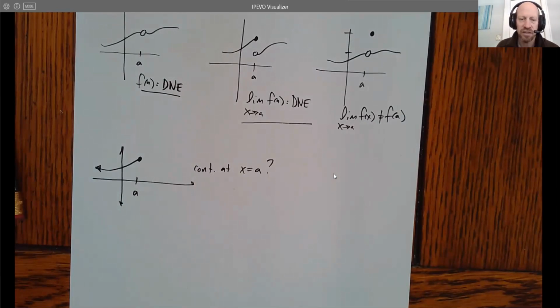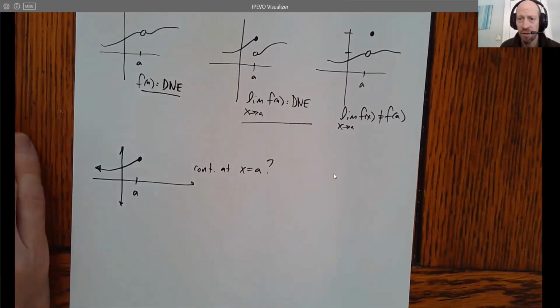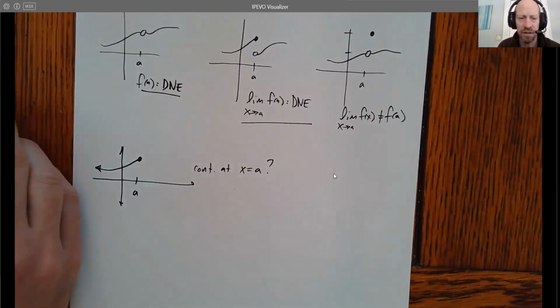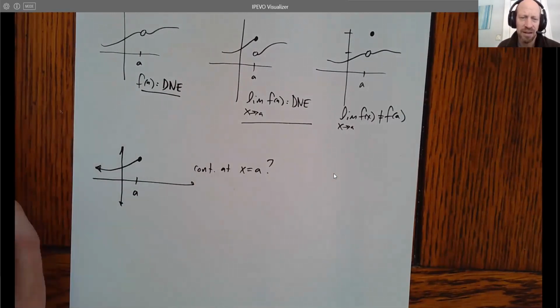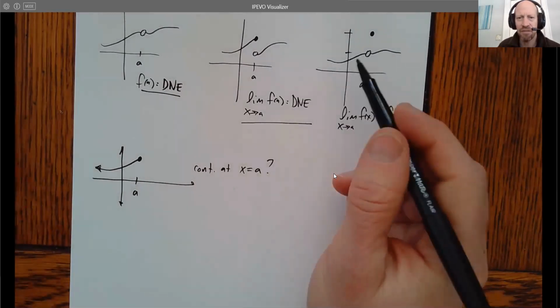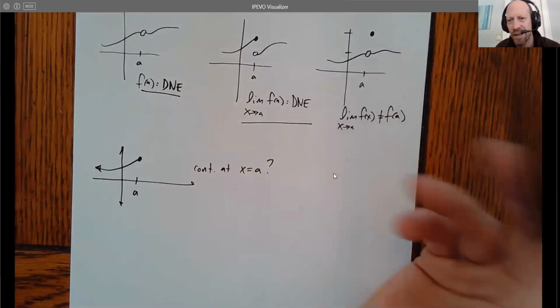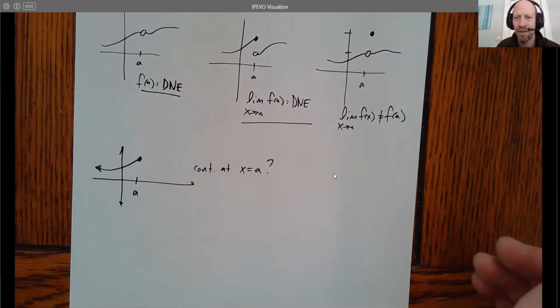Is this function continuous at x equals a? Let's think about that. There's a clear answer here, but on one hand, it's sort of continuous, right? It doesn't have any of these obvious holes and jumps where a layperson, a person on the street, would say, oh, clearly that's not continuous, right?